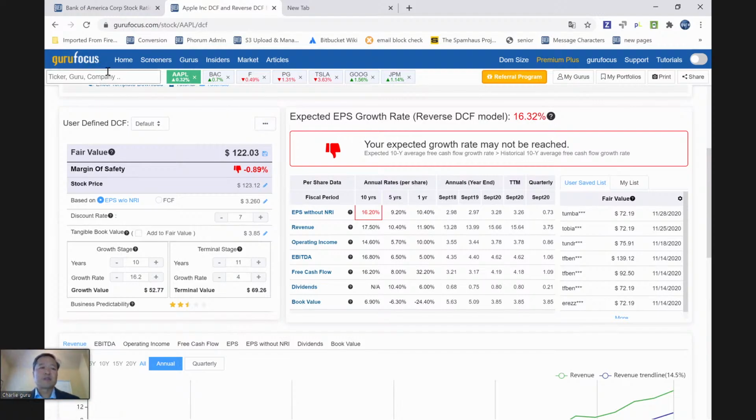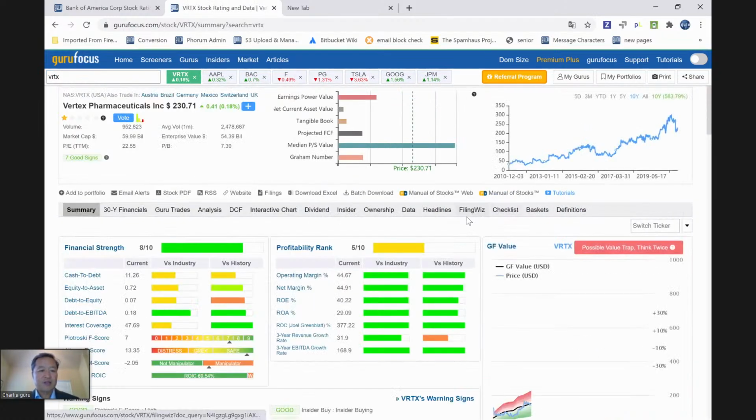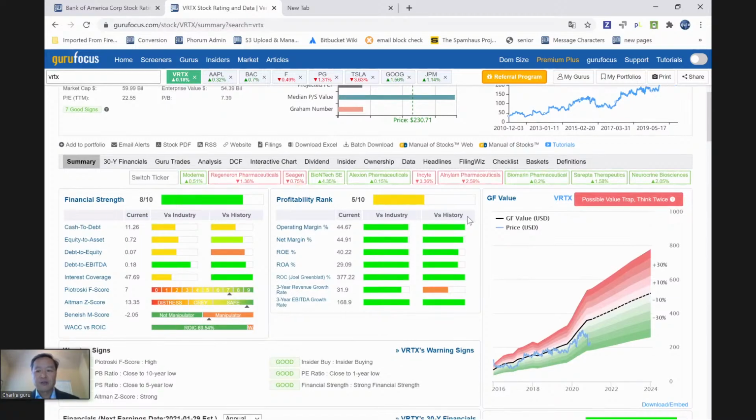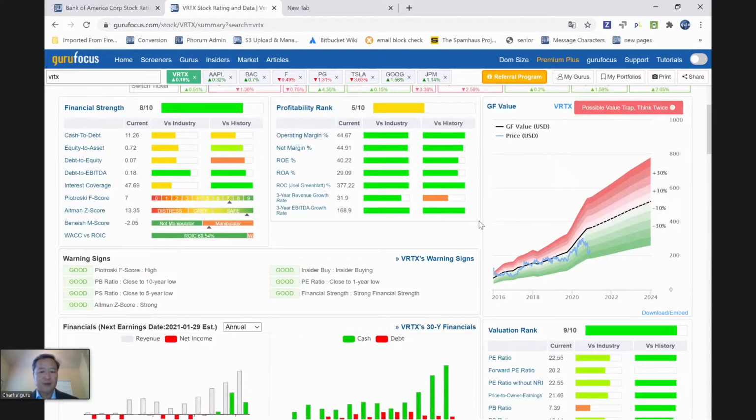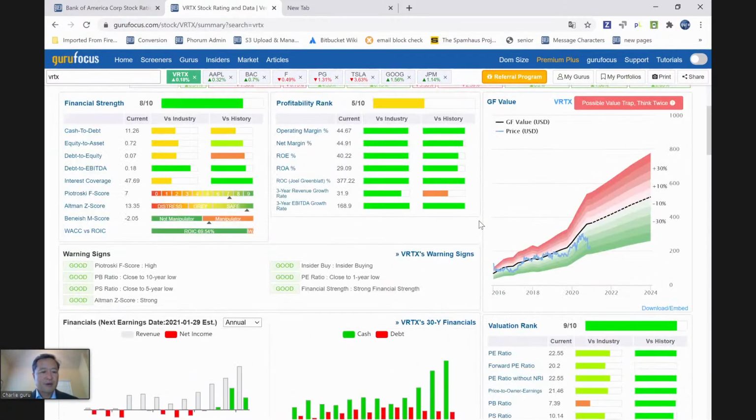Someone else is asking about VRTX. He said it has pretty good financial strength, but it has a poor value ranking. I will have to go into details. Okay, I think the reason is probably the Beneish M-Score.